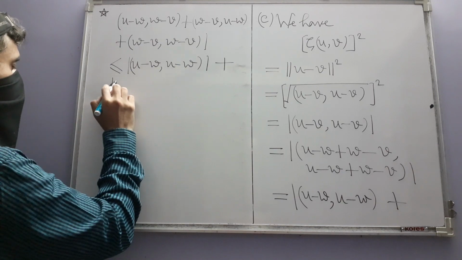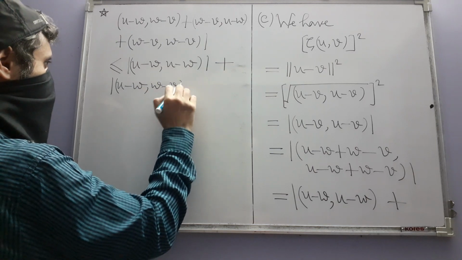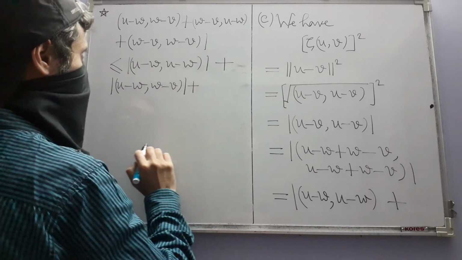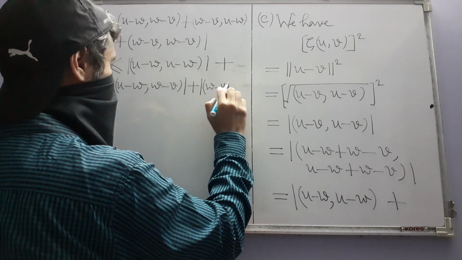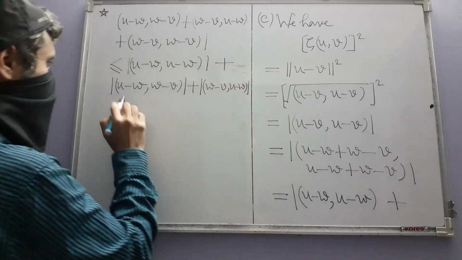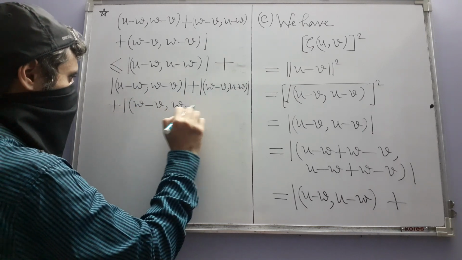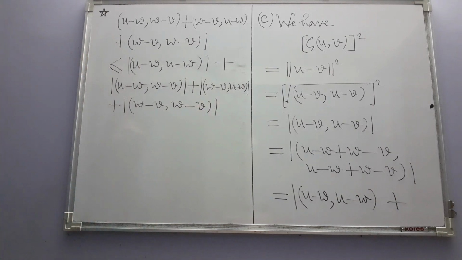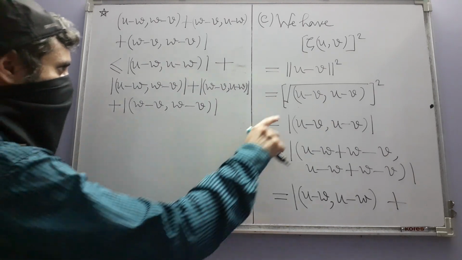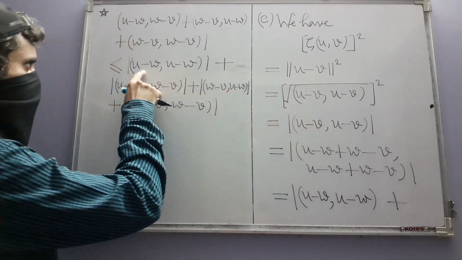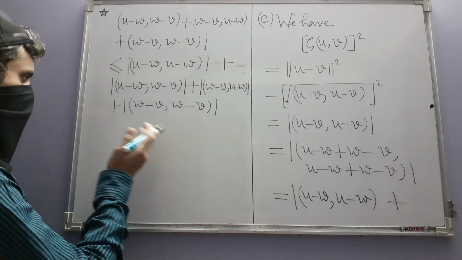Plus w minus v comma u minus w, and finally w minus v comma w minus v. Okay. Now whatever we did here, we can do its opposite here. That is, we can take square root and write square. If we do all those things, we will get this naturally.